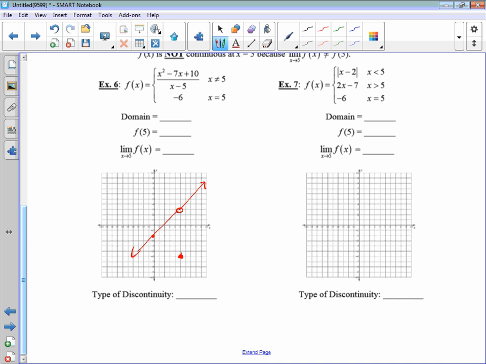But let's look at all the pieces. What is the domain? Yep, negative infinity to infinity. What is f of 5? Negative 6. What about the limit as x approaches 5? 3, yes.